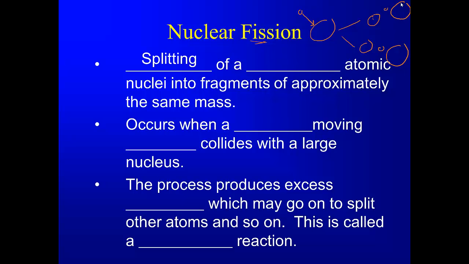You get excess neutrons, and they go on to split other uranium or other big ones, and so on and so forth. This is what starts a chain reaction in fission. One starts, but because we get more neutrons out, they're able to hit more, so they're just splitting and splitting and splitting.